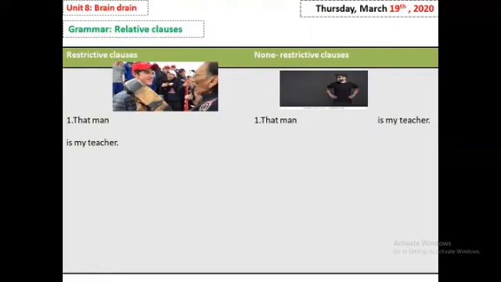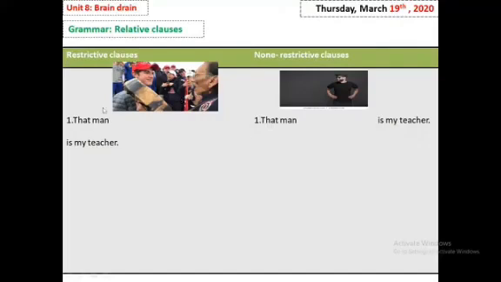It's not a sentence. A sentence has a complete meaning, so it stands by itself. But a clause cannot stand by itself. It needs another clause to complement its meaning. Then we have two categories of clauses: non-restrictive clauses and restrictive clauses.